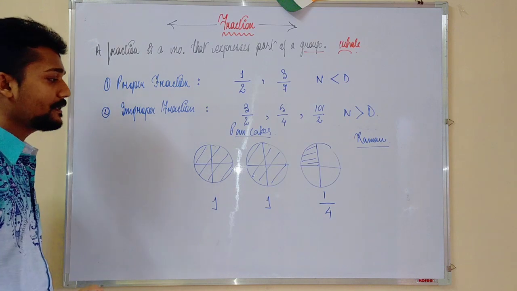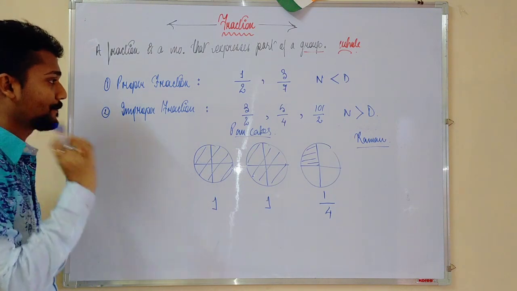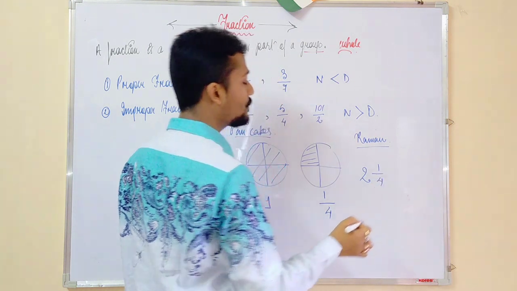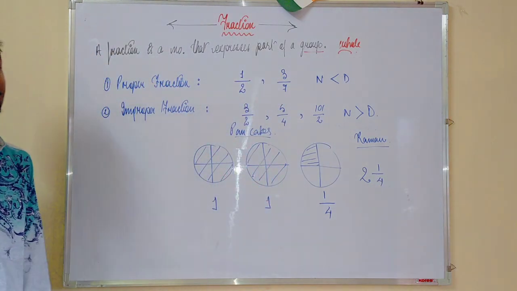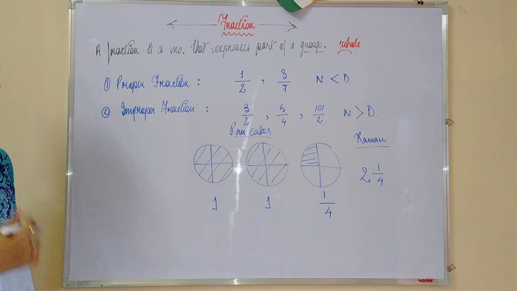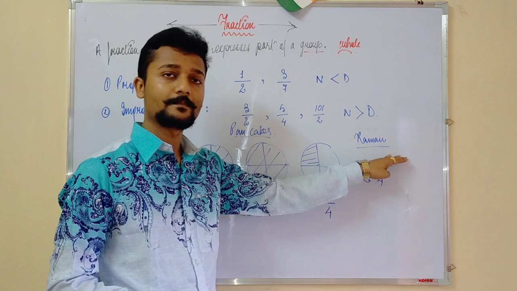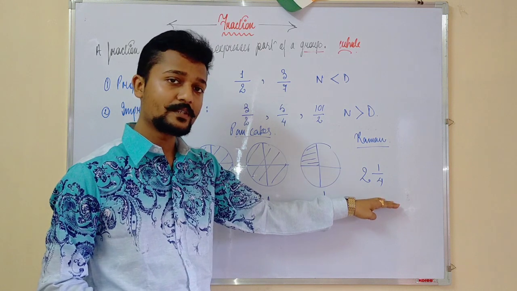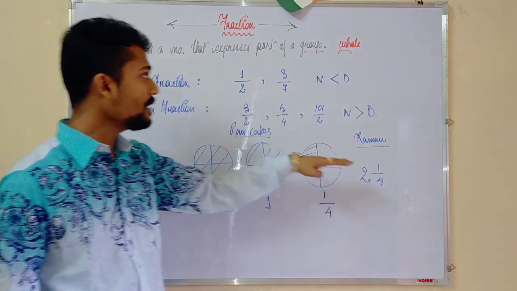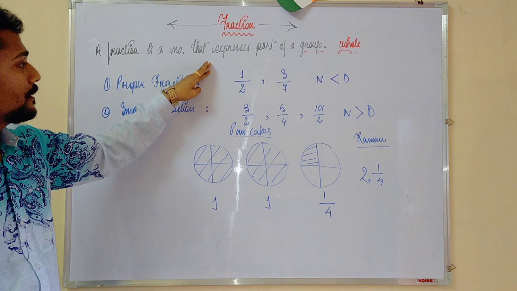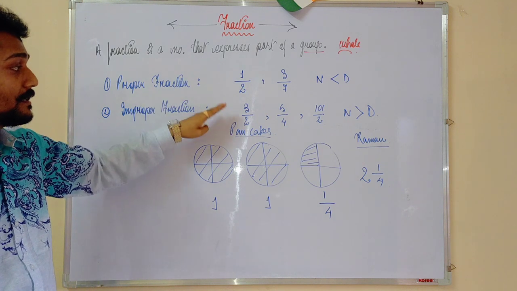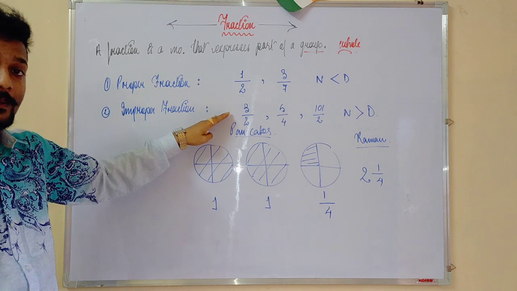So how will you represent it? We can represent it as 2 1 by 4 pancakes eaten up by Raman, isn't it? This particular arrangement, if you see, is not arranged in the proper way as shown in a proper fraction, neither is it arranged as shown in an improper fraction.